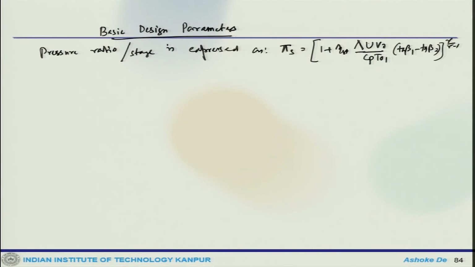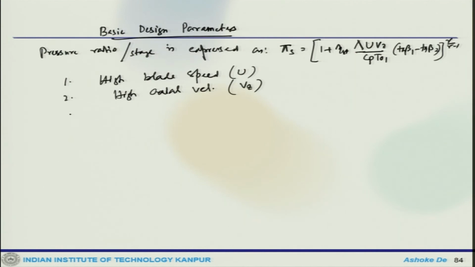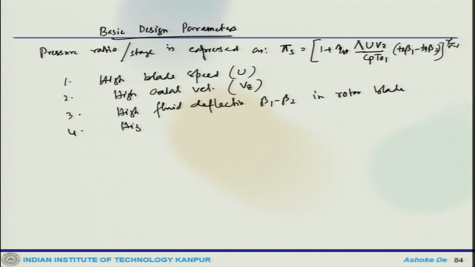So, to obtain high pressure ratio per stage, the requirements are: number 1, high blade speed, that is u; second, high axial velocity, that is v z; third, high fluid deflection, that is beta 1 minus beta 2 in the rotor blade; fourth, high stage efficiency.